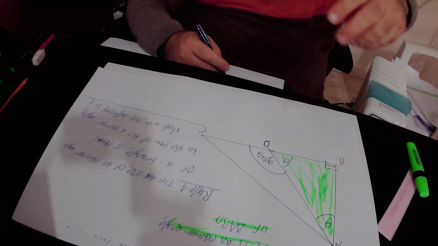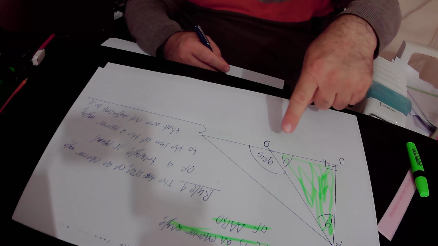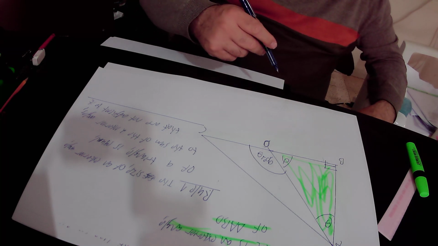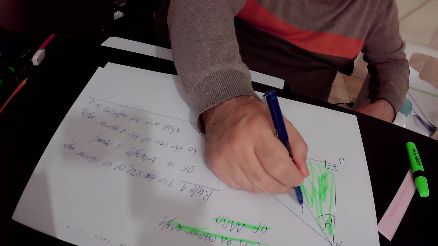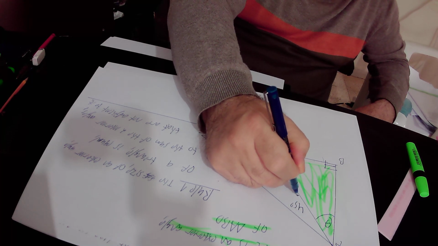So in conclusion, angle ADC equals 90 degrees plus theta. And it is also given in the question that this angle equals 45 degrees.